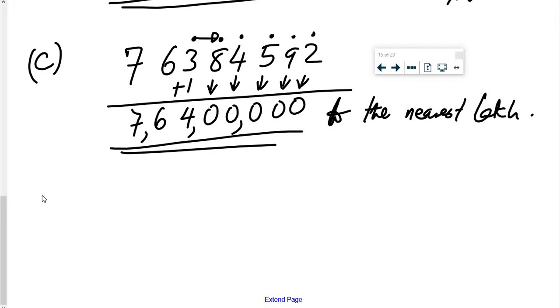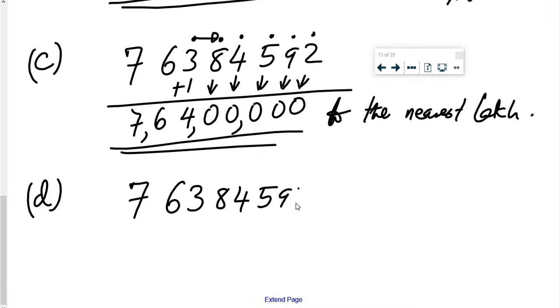Last question, to the nearest 10 lakh. Same number, 763 84 592 to the nearest 10 lakh. So we have ones, tens, hundreds, thousands, 10,000s, lakh. 10 lakh is here, so check on the right.